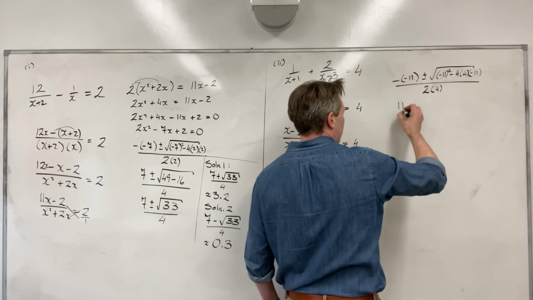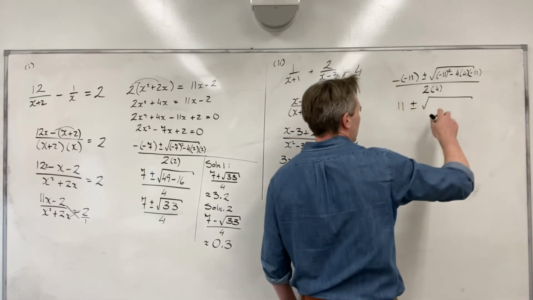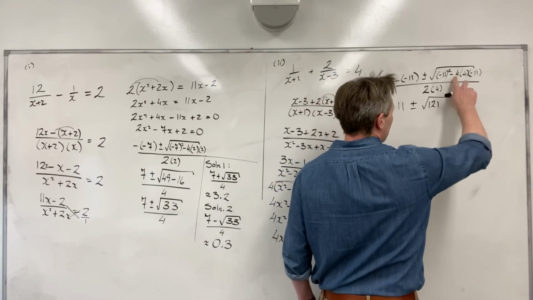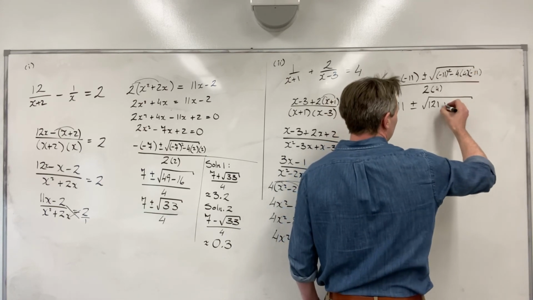I have an 11 out in front, plus or minus the square root of negative 11 squared is 121. This minus will combine with this minus here and with the 11 to give me a plus.